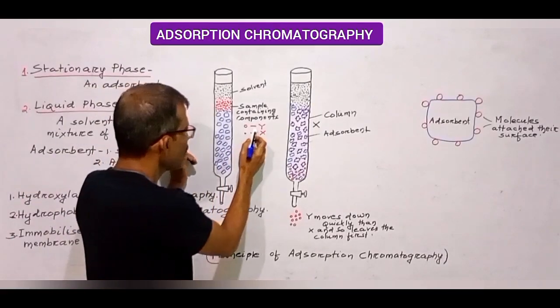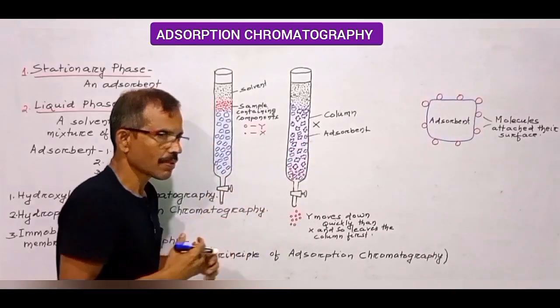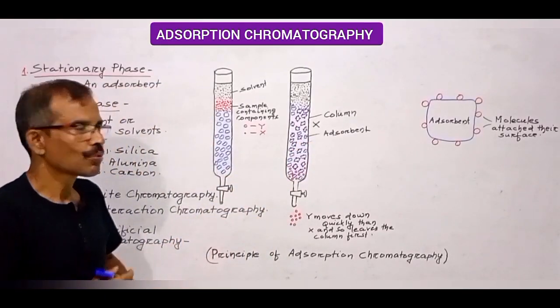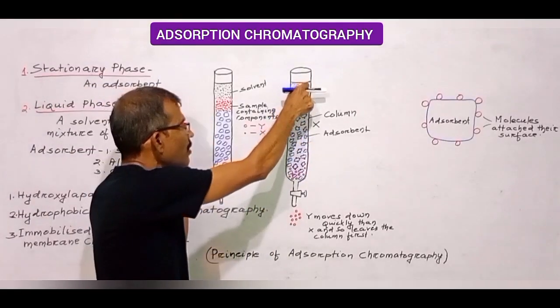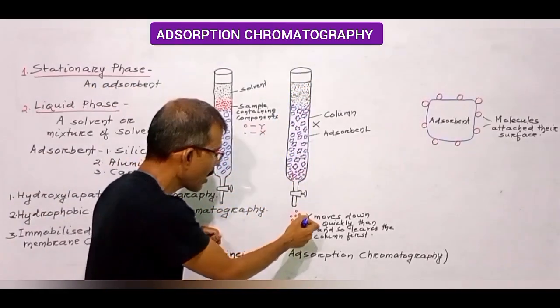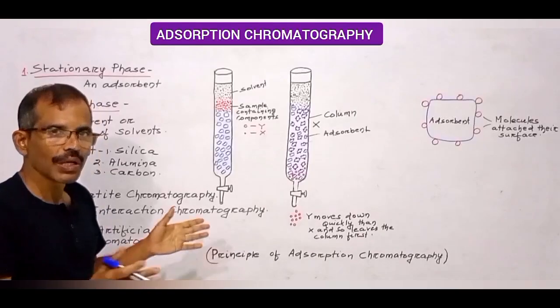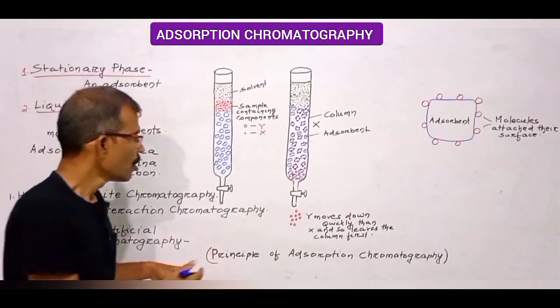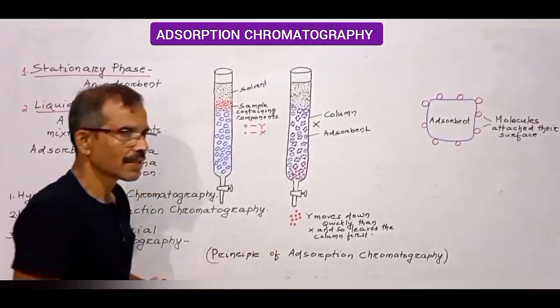The other component Y is not adsorbed. Because of this, when the mobile phase is passed through the column, the component Y moves down faster than X and hence leaves the column first.